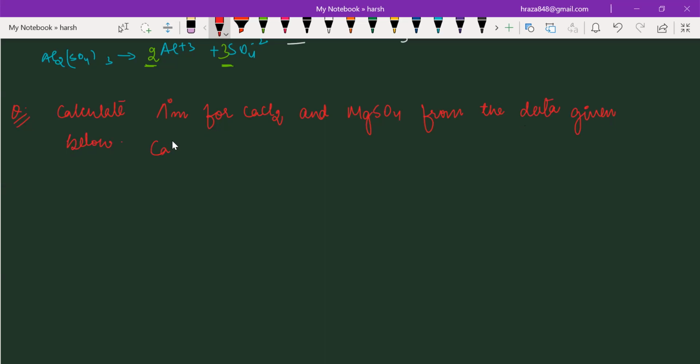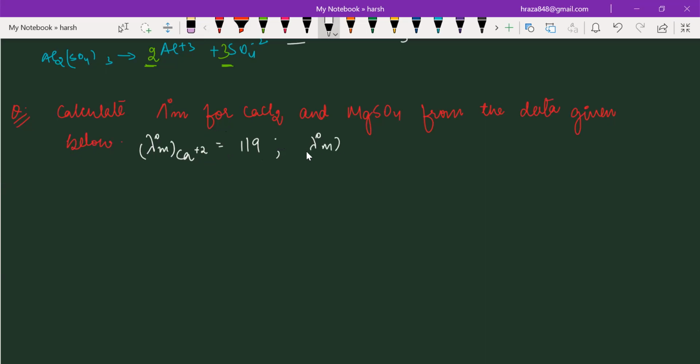Lambda naught m of Ca plus 2 is equal to 119.